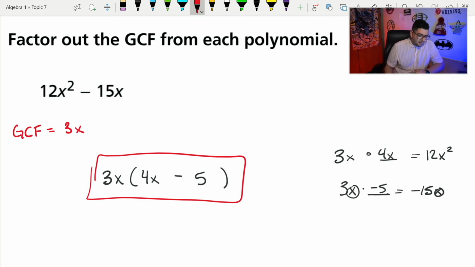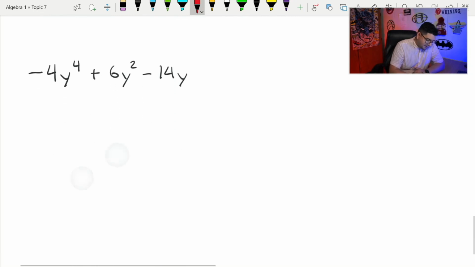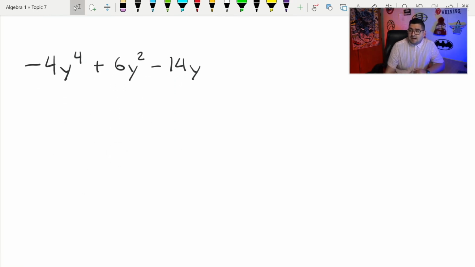Okay, let's go ahead and look at another example problem. Here I have negative 4y raised to the 4th power plus 6y squared minus 14y. Again, the first thing you're going to want to do is factor out or find your greatest common factor. What is our greatest common factor?